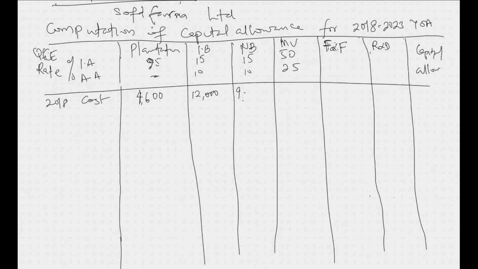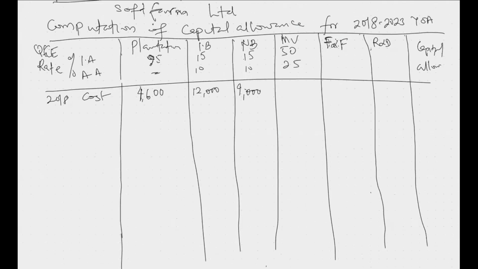Next, did we buy any other one? That's all right. So on that one, we will calculate initial allowance. 95% for industrial building. Research and development too is 95%.